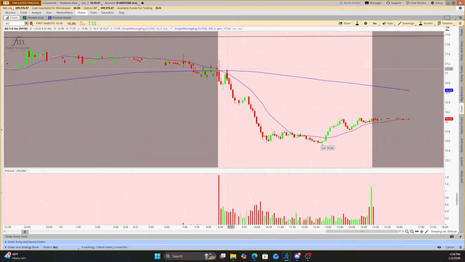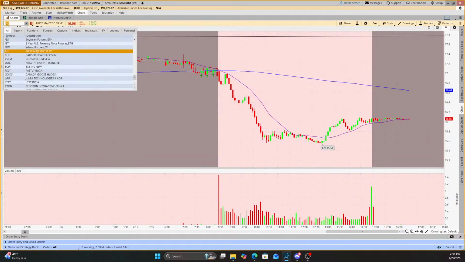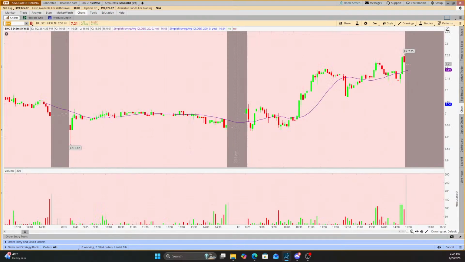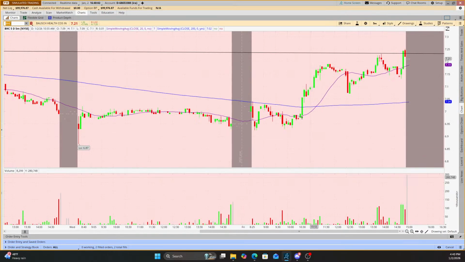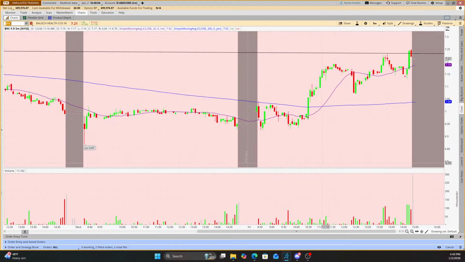Put your stop loss right here. All right. All right. Let's just take it. Let's look at the next one. All right. Let's see what this one brought today. Okay.